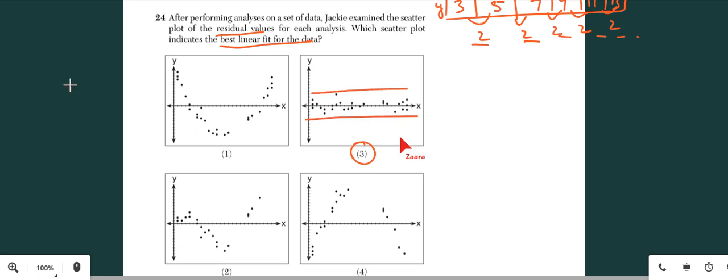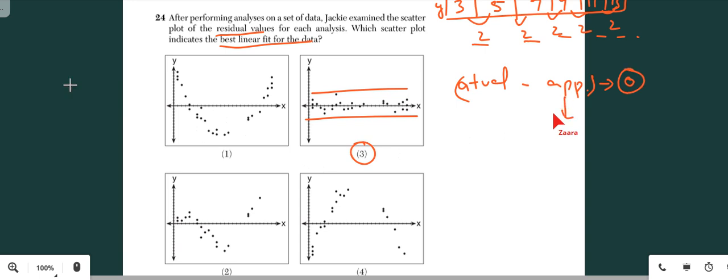So what does that mean? That means the actual value minus the approximated value that we obtained through the best fit line, they are very close to zero. They are approximately getting closer to zero.